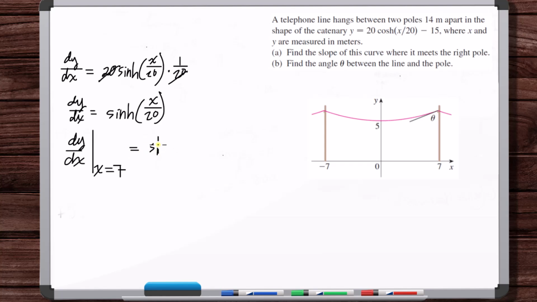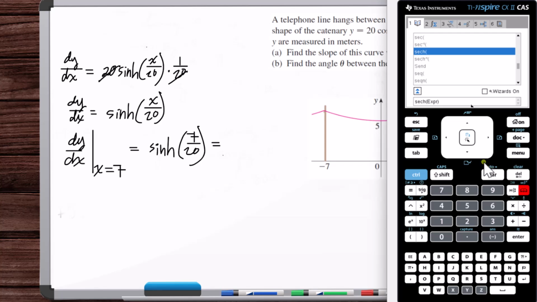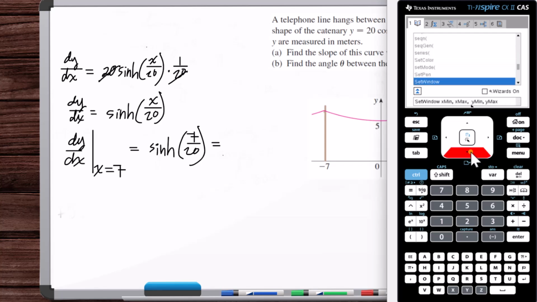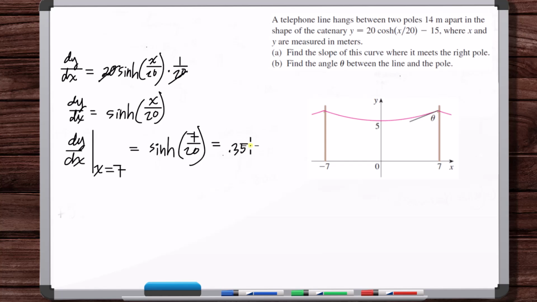Well, that's hyperbolic sine of 7 over 20, which is 0.357. And these units are, in this scenario, meters per meter, so it's just unitless, right? So that is the slope.